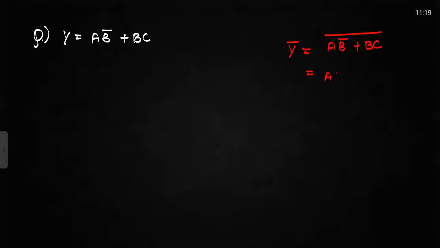Then that will be AB bar whole bar and BC whole bar. Then my Y will become AB bar BC bar whole bar.